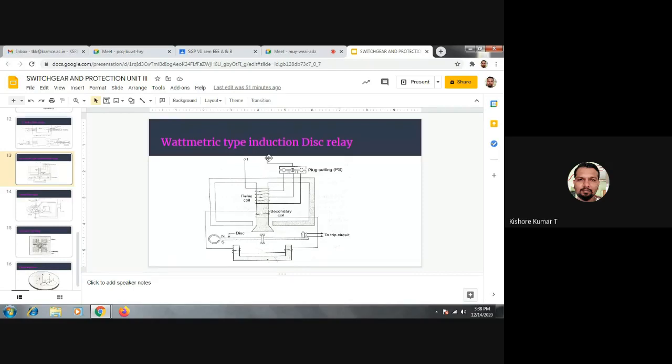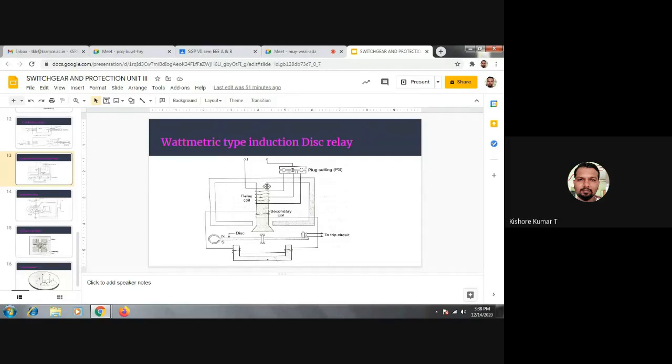Whenever current is drawn by the relay coil, at the first time instant, the upper pole will get energized. Why? Since the relay coil is directly wound on the upper pole. The upper pole will get energized at the very first instant.